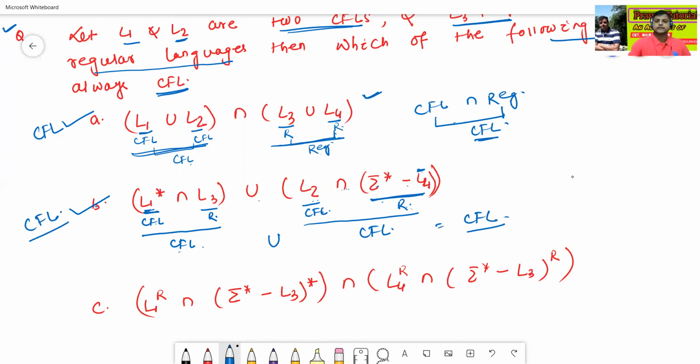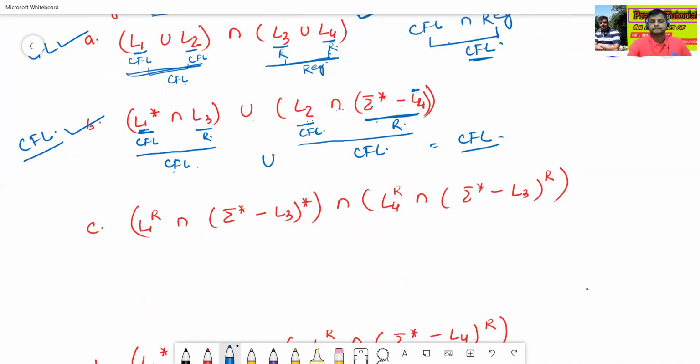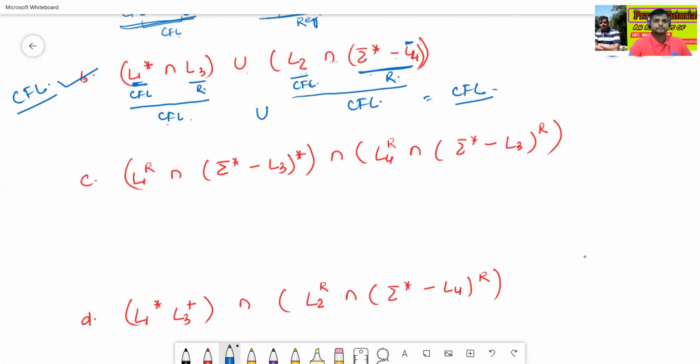Okay, now we'll see one more question. This is a little bit complicated, but easy. L3 is regular.